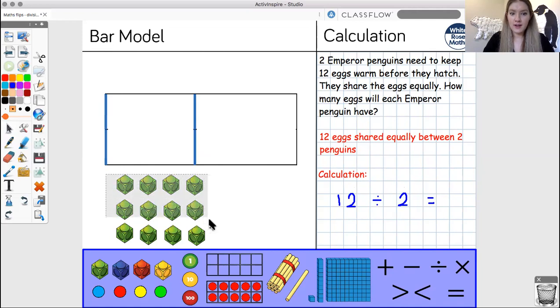So let's see. Here I have got my 12 eggs. Now I don't have any eggs, so I'm just going to use some green cubes and we can pretend that those are eggs. They can represent our eggs. We are going to share them between the 2 groups, one group here and one group here. So off we go.